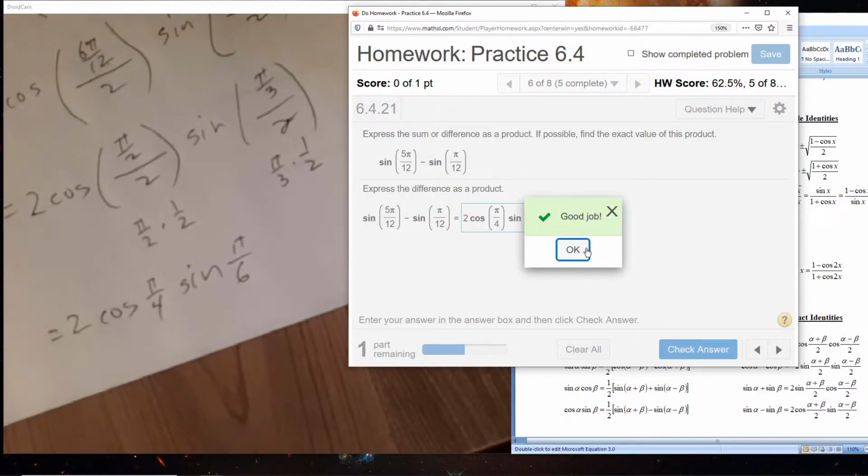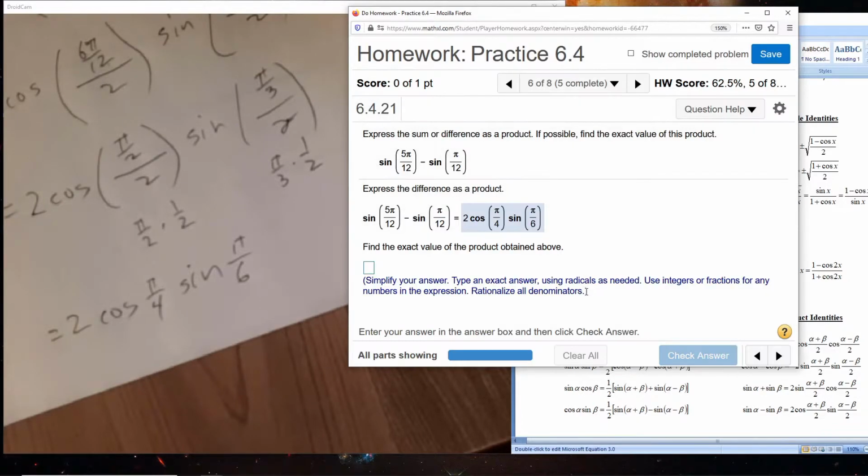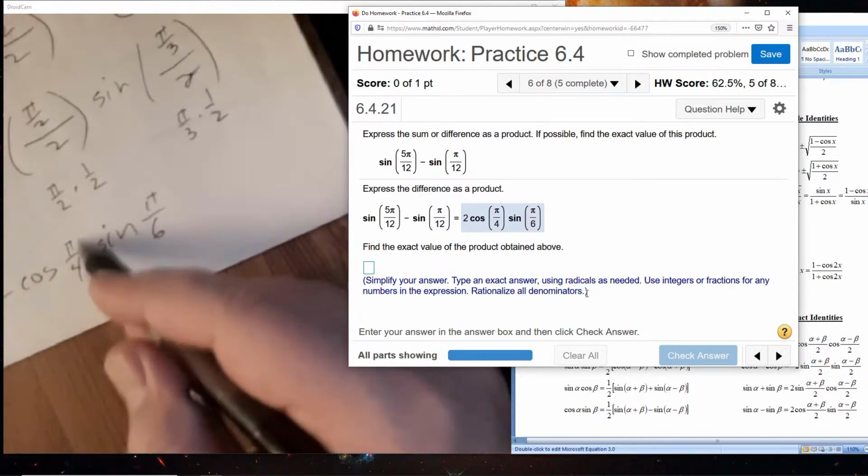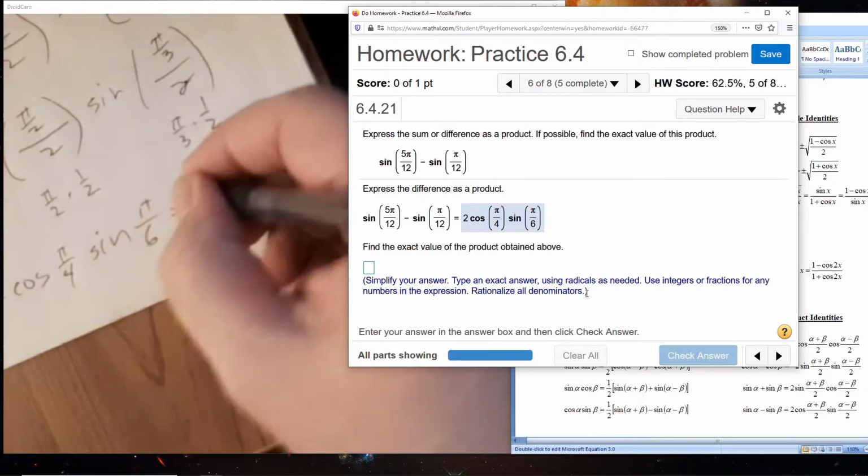And they just wanted the trig functions. Oh, there it is. Find the exact value, since we know pi over 4 and pi over 6. That's anticipated there.